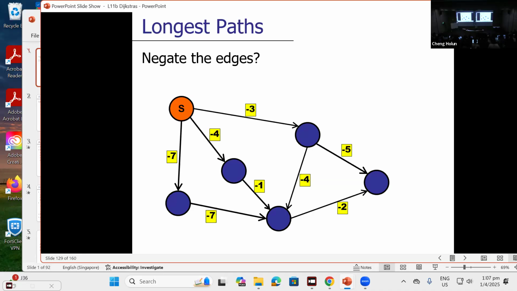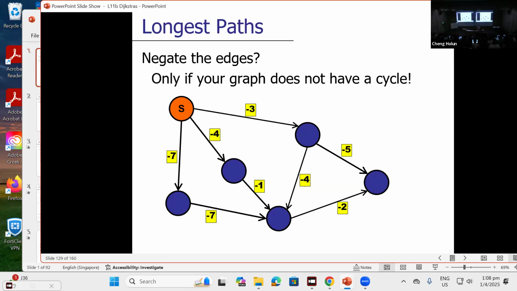Go back to last week's lecture. If your graph has negative edges without a negative cycle, you still can find the shortest path by Bellman-Ford. Of course, only if your graph does not have a cycle, then you can use it to find the longest path, because by finding the shortest path on the negated graph, that negation is the longest path.